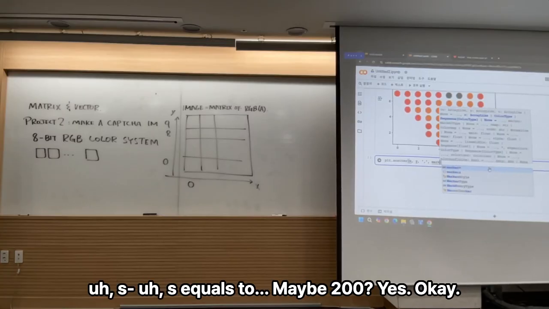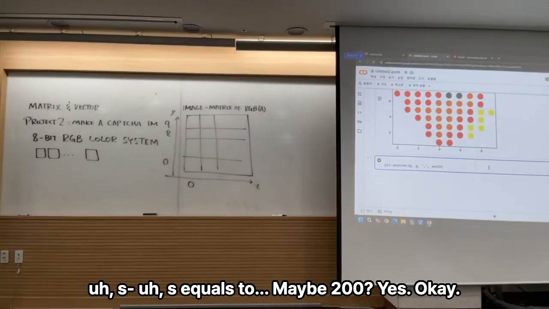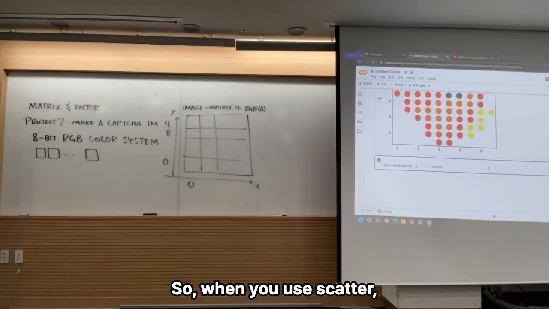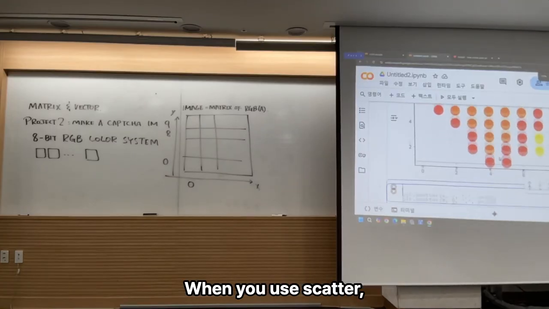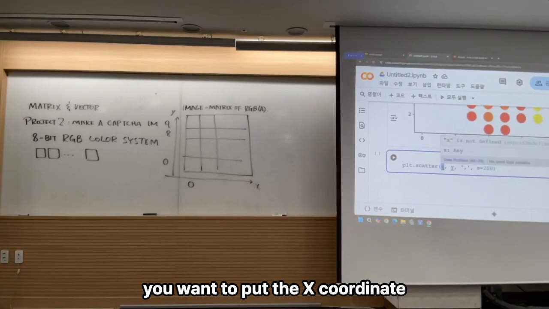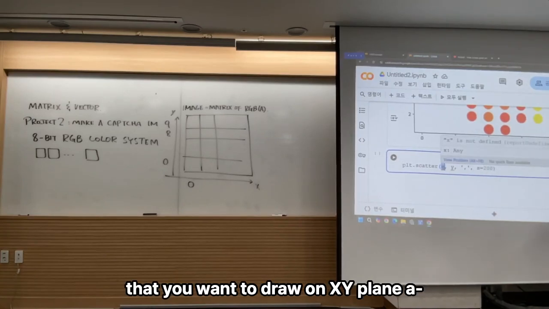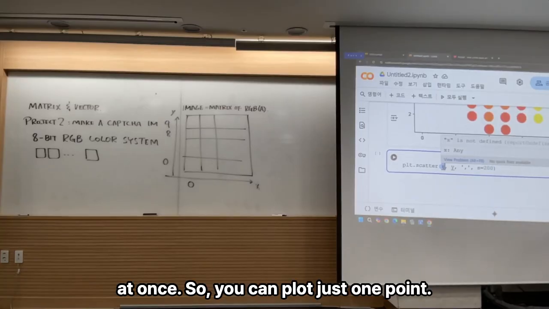Marker s equals maybe 200. Okay. When you use scatter, sorry, it's too small. When you use scatter, you want to put the x-coordinates and y-coordinates of the dots that you want to draw on the xy plane at once.